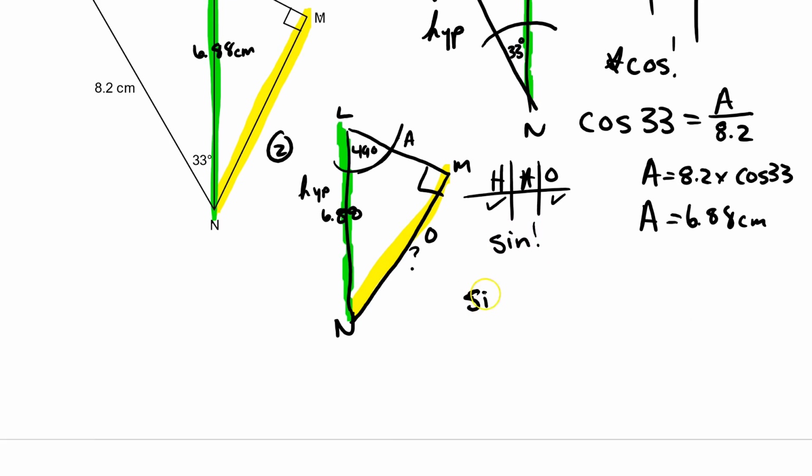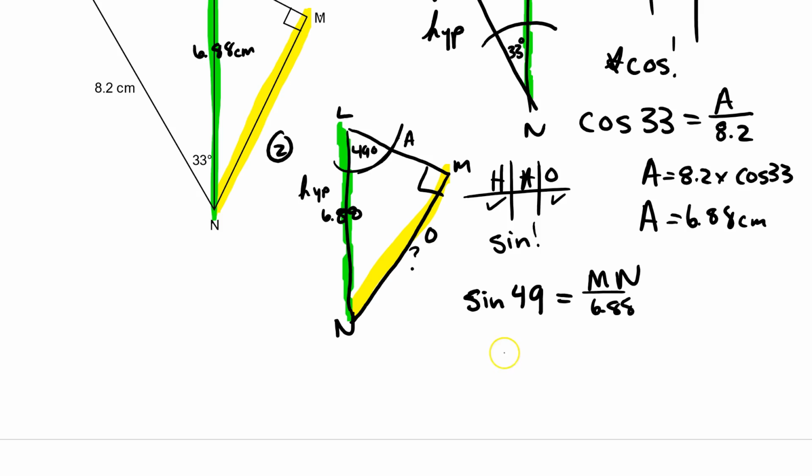So the sine of 49 is opposite over hypotenuse. So 6.88. So by cross multiplication, I'm going to say my opposite, or do you know what, I can also say that this is my MN.